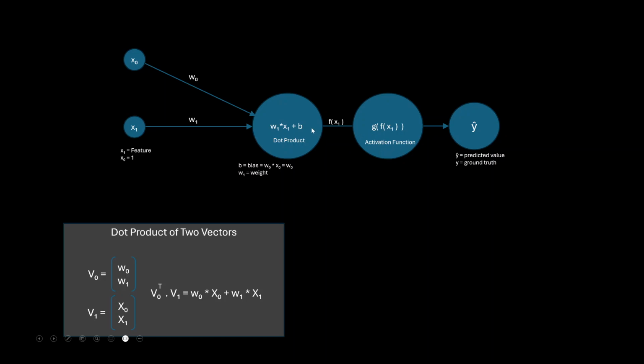Essentially, the linear result coming from this computational unit is input into an activation function that will give us the nonlinear fit to the data. What's the activation function? We're going to talk a lot about that in future videos. But for now, example activation functions include the sine function, ReLU function, sigmoid, etc.